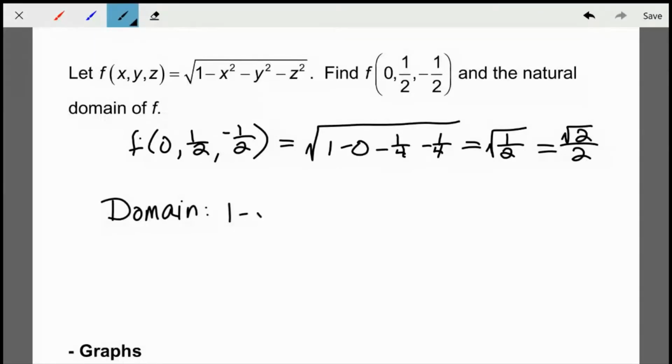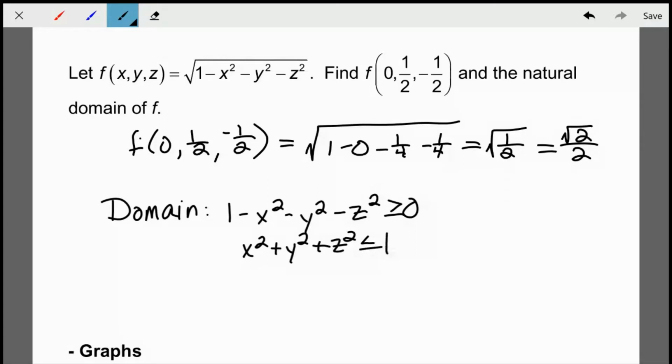So 1 minus x squared minus y squared minus z squared would have to be greater than or equal to 0. Well, if I rewrite that in a slightly different way, I can move the x, the y, and the z terms over to the right side, and I'll get x squared plus y squared plus z squared less than or equal to 1.